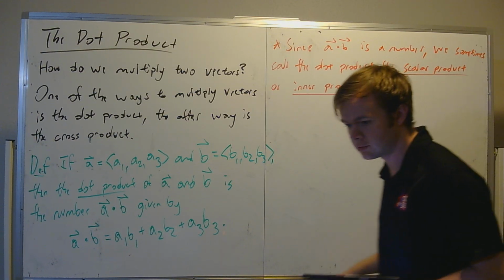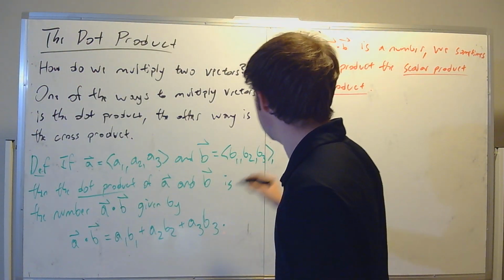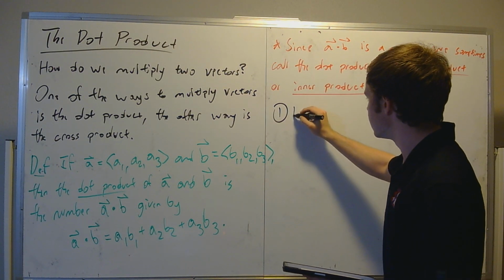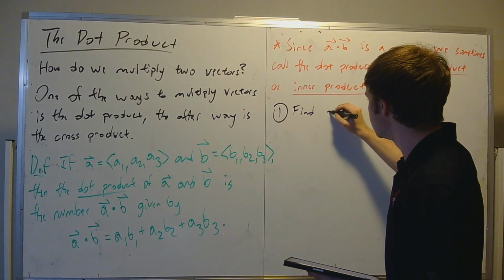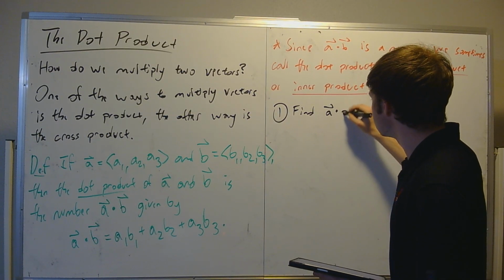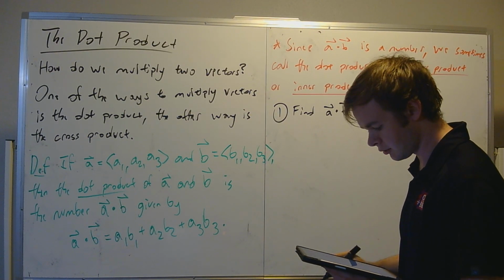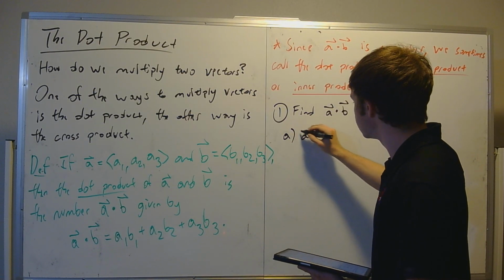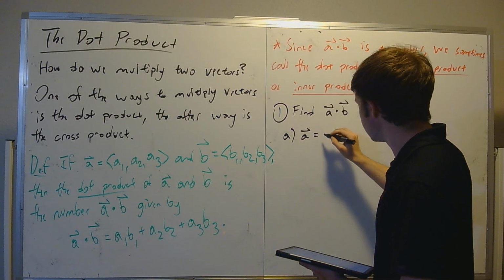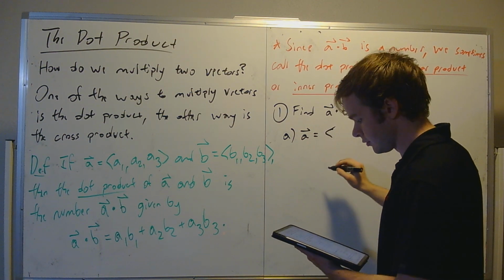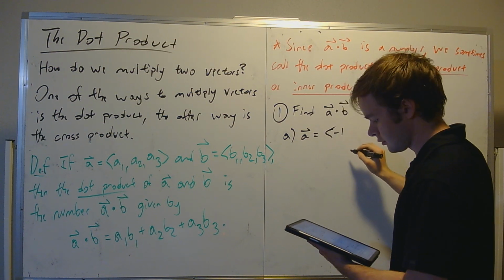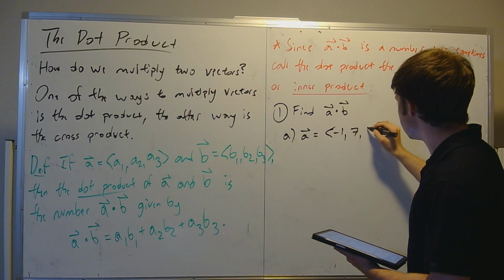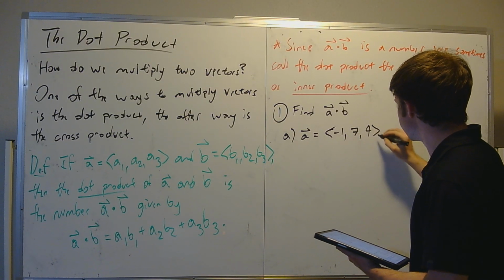Okay, so our first thing here is an example. Example number 1: find A dot B. For part A, A equals, so remember this is the component representation, x component -1, y component 7, and z component of 4.